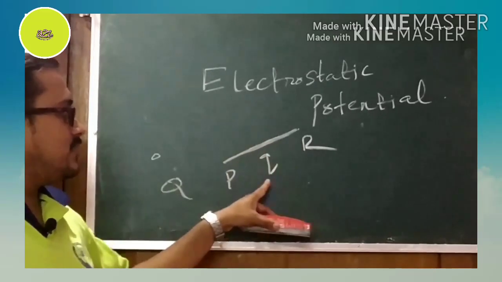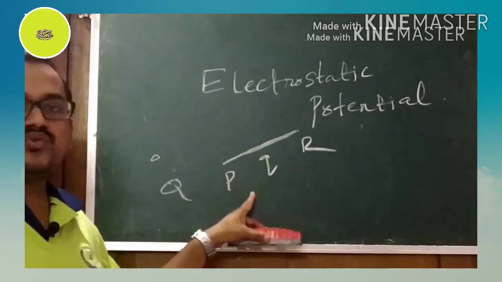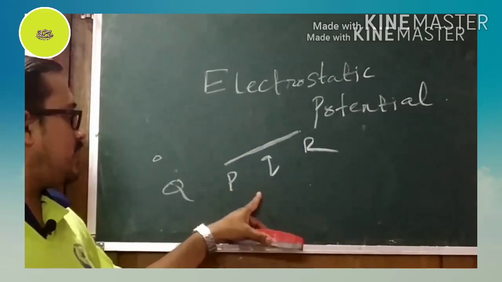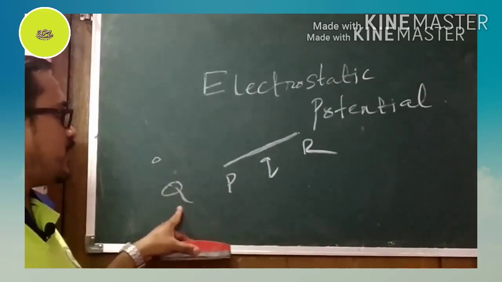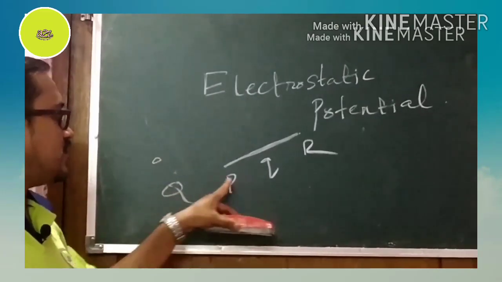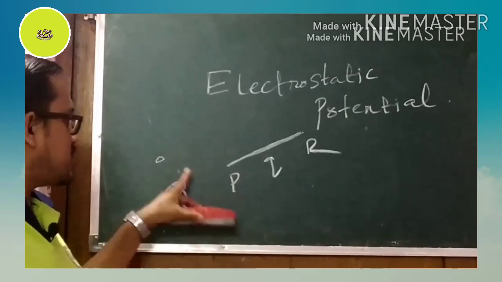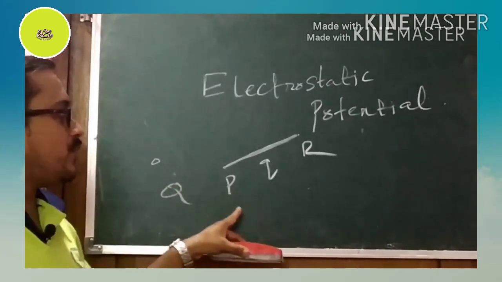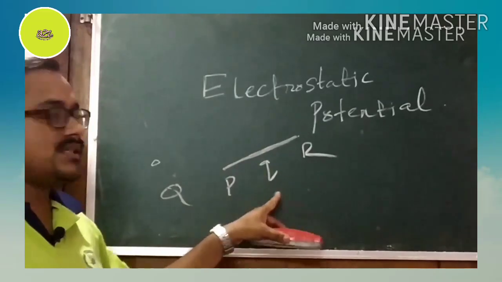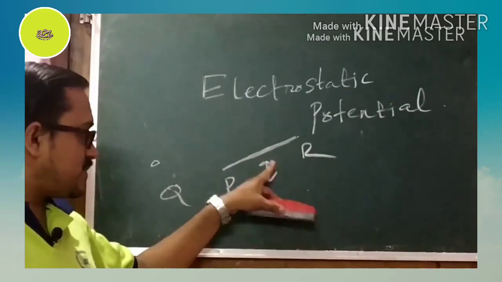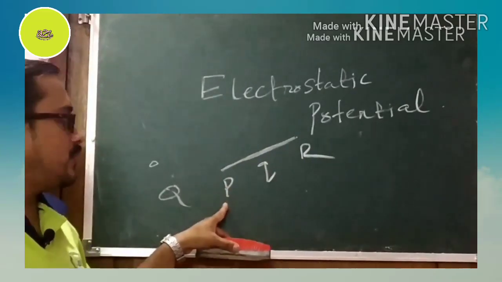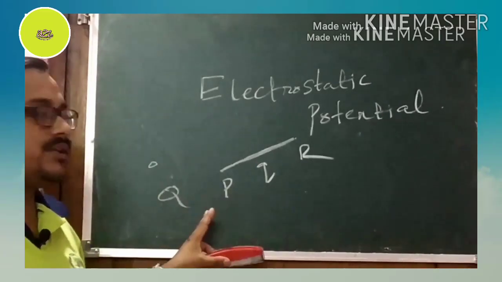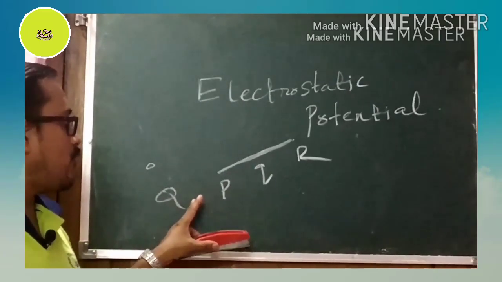The first is that the test charge small q should be very small, so that the configuration due to it cannot be disturbed by the capital Q. The second is that we have to move the test charge from point R to point P.